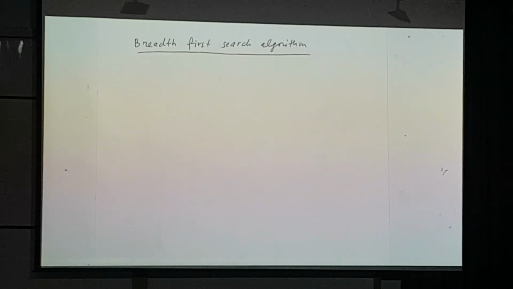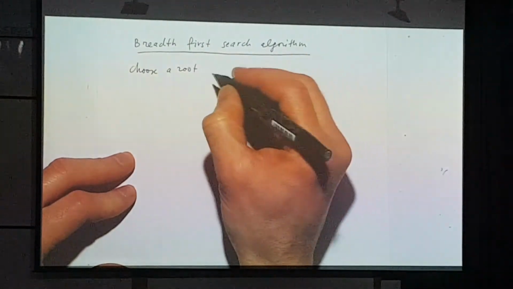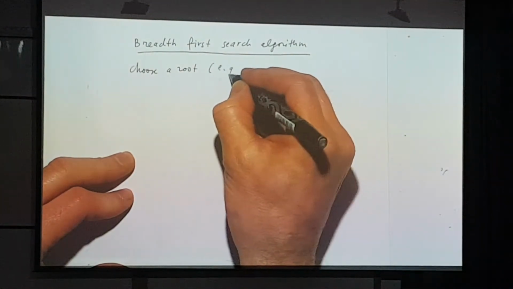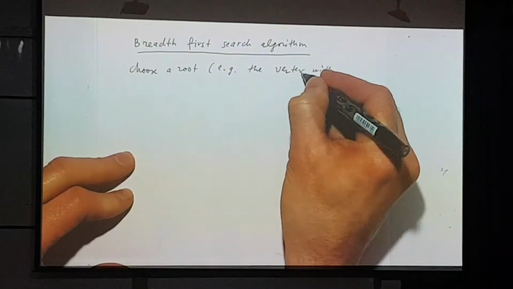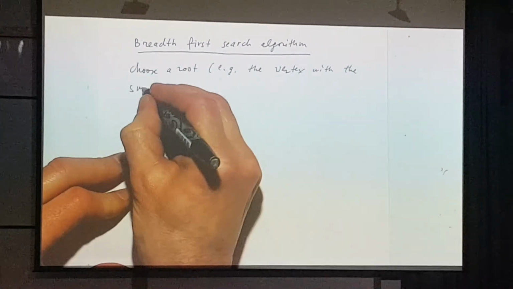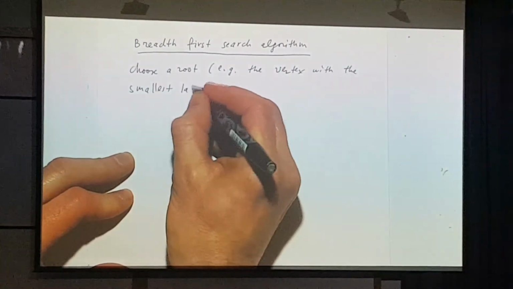So here from the start I will assume that I have labels assigned to my vertices, and these labels provide an ordering for vertices, right, from smaller to larger ones. So again, I choose a root, let's say the vertex with the smallest label.